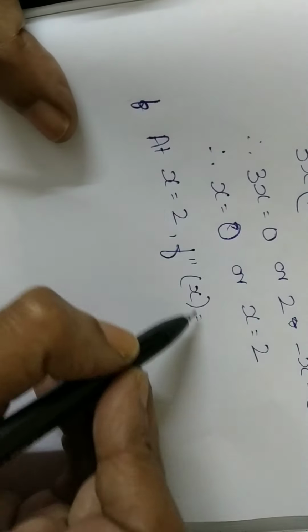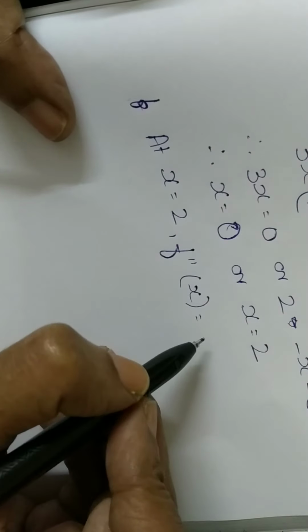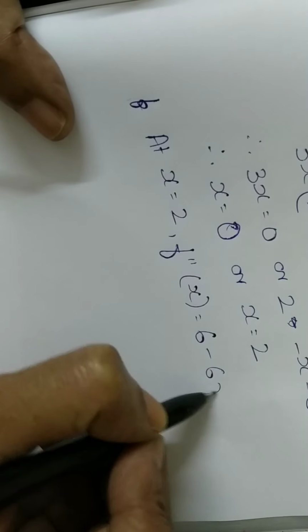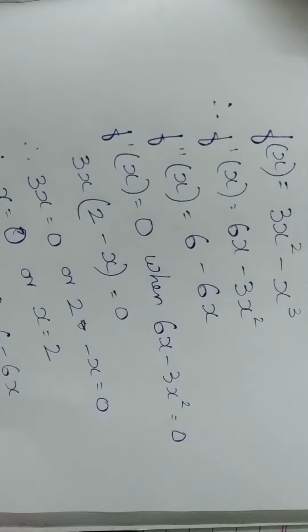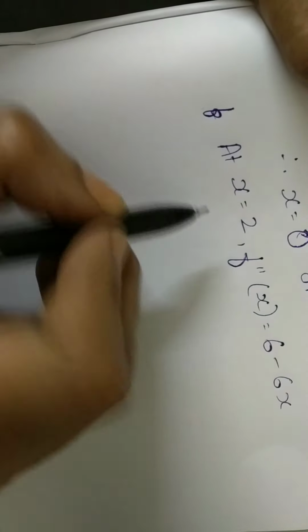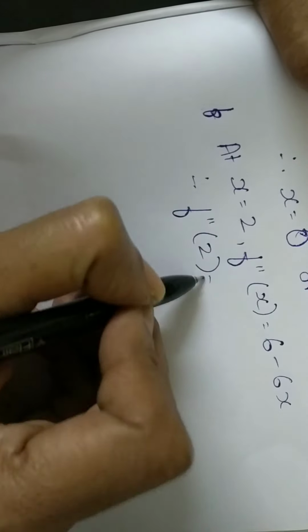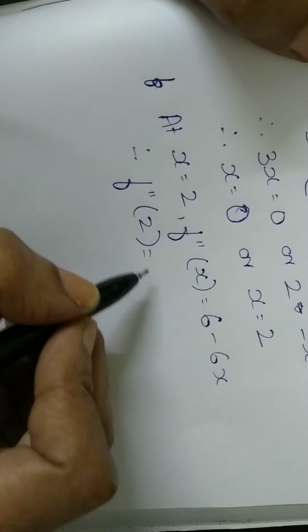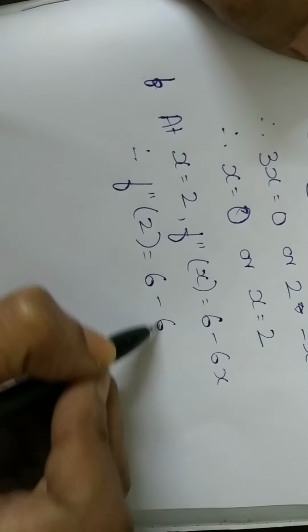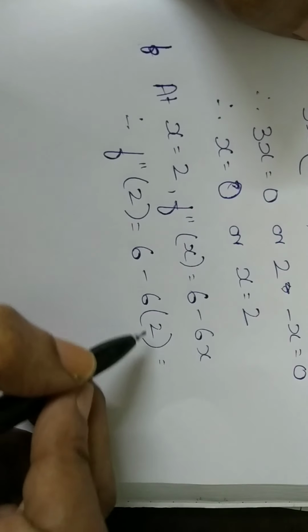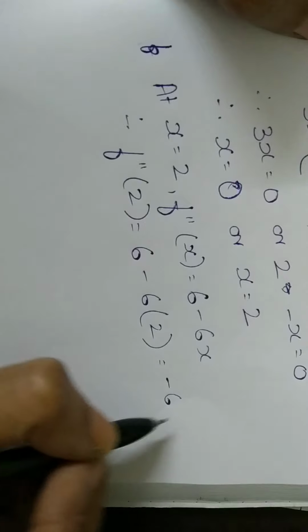So f double dash of 2 comes out to be 6 minus 6 into 2, which is 6 minus 12, which is minus 6. Now minus 6 is less than 0.